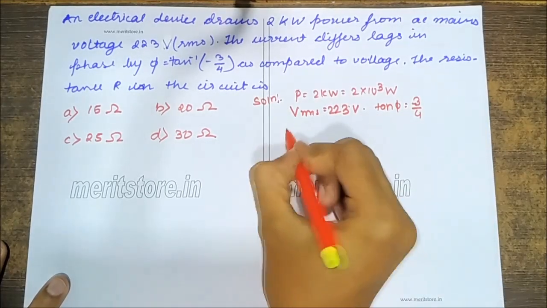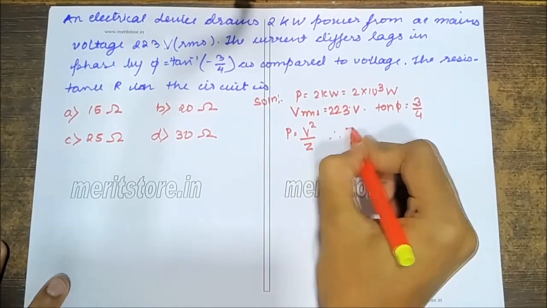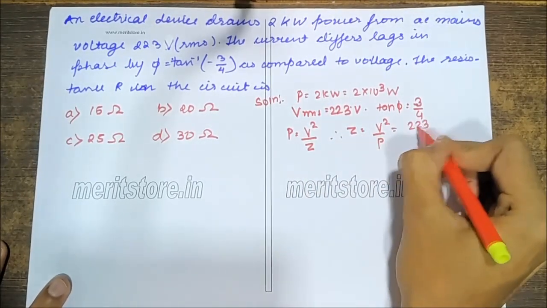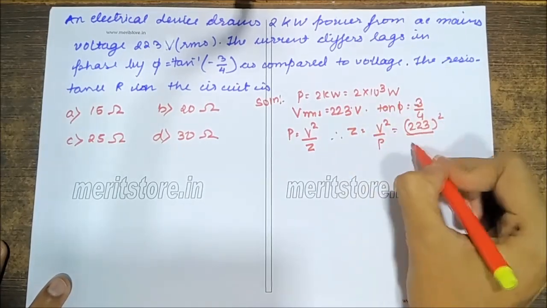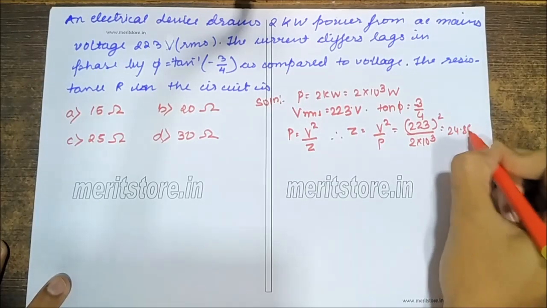We need the power, which is V square upon Z. We have this formula, so the impedance Z will be nothing but V square upon P, where V is 223 square upon the power, that is 2 into 10 raised to 3. So here we get the impedance to be 24.86 ohms.